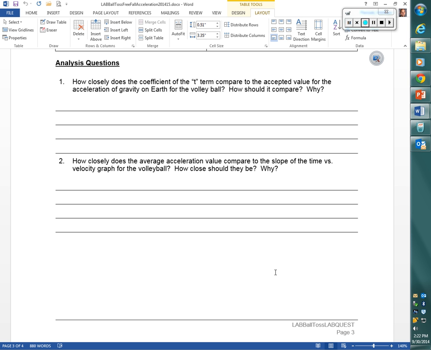They're pretty close. Why? Because there wasn't much air resistance, meaning gravity was the major factor affecting that volleyball. But they shouldn't be exactly the same because it wasn't gravity and gravity only affecting that volleyball.